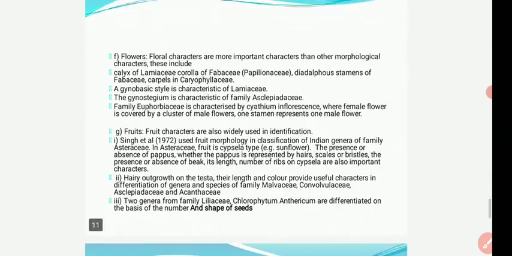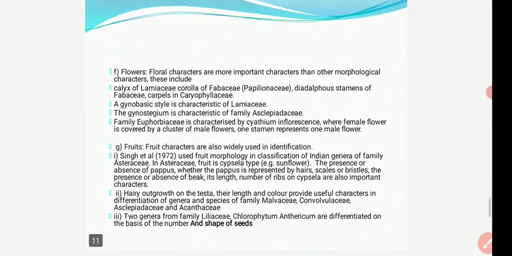Next character, that is flower. The floral characters are more important than other morphological characters. These include the calyx of Lamiaceae, the corolla of Fabaceae, that is papilionaceous corolla, diadelphous stamens of Fabaceae, carpels in Caryophyllaceae.